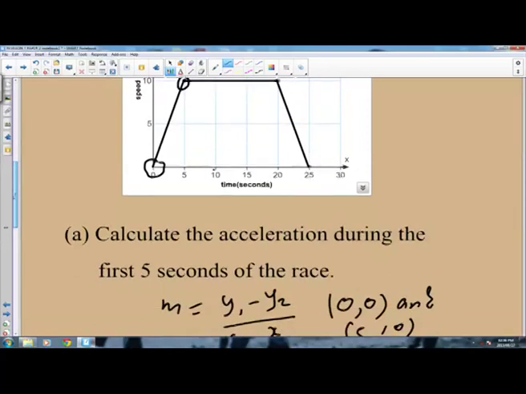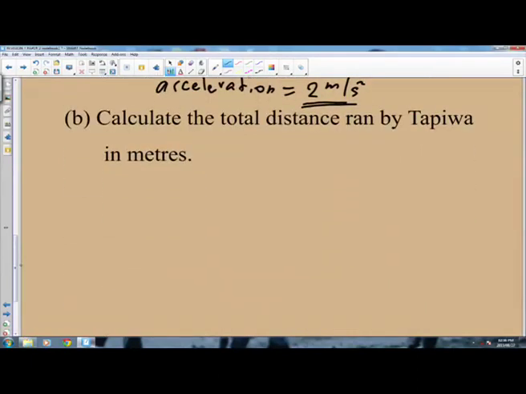So the total distance traveled is equal to the area of the trapezium. This will be half times the top plus the bottom, close the bracket, and then multiply this by the height.